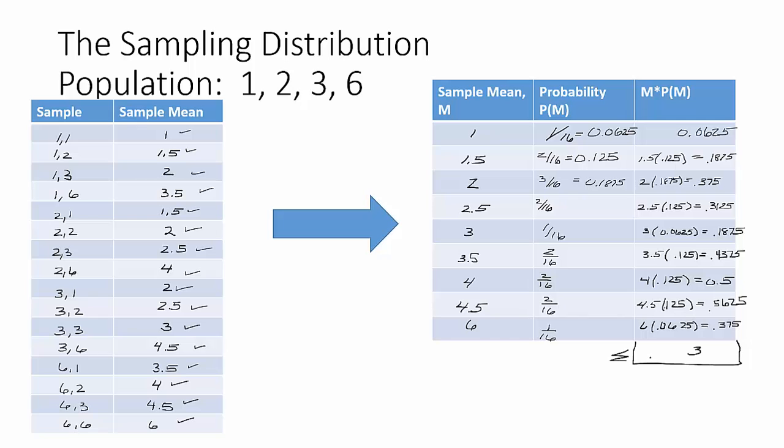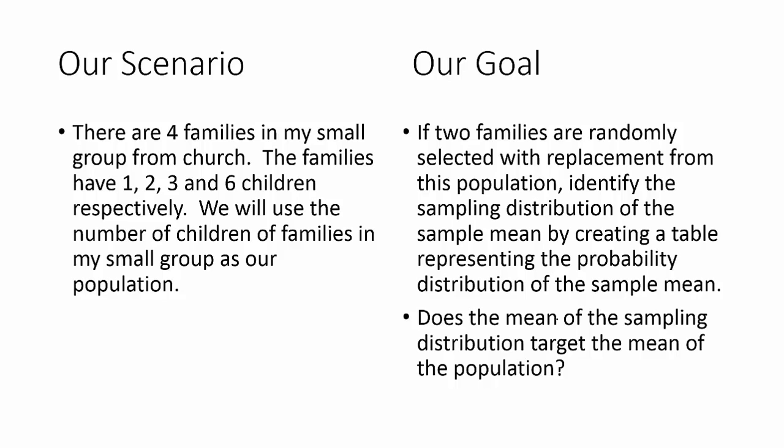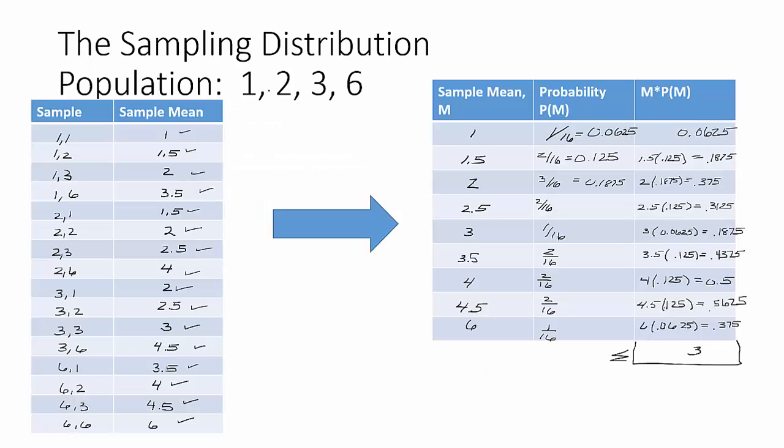Now, the question that we were actually asked is, does the mean of the sampling distribution target the mean of the population? We just found the mean of the sampling distribution, and we found that that was 3. So now we have to find the mean of the population and see if they match. So our population is up here.